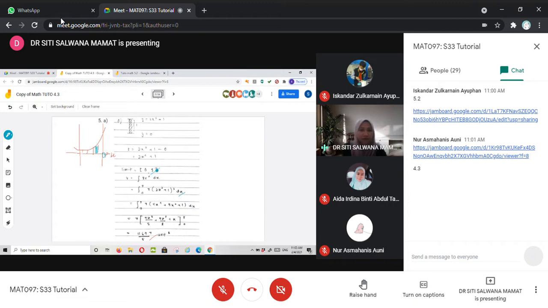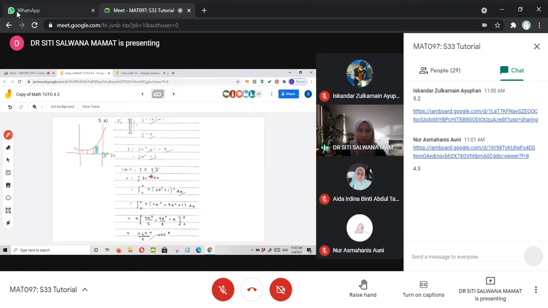Yang ni obviously dia dah bagilah dekat you punya graph. Then you find r. This is you punya r. So the upper function minus lower. So upper is quadratic function, lower is x-axis kita lah, which is y equal to 0. Then you integrate lah.